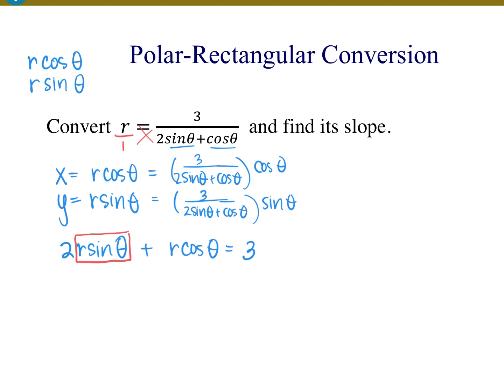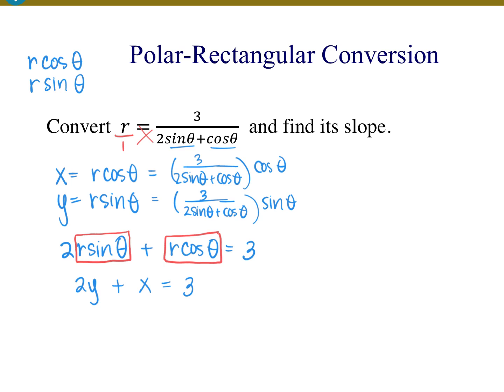And here's r sine theta, which is what I'm telling you, you've got to train your brain, train your brain, train your brain. What can r sine theta be replaced with? Y. And then we have r cos theta, and that can be replaced with x. So we have 2y plus x equals 3.